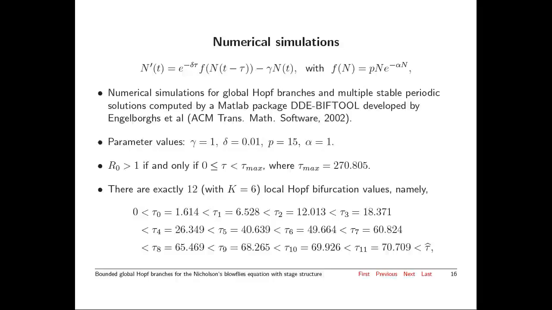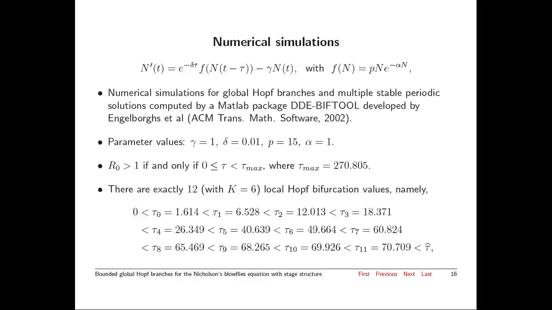Actually, we have 2 functions, also the function of the population of immature adults, but those 2 functions are decoupled, so we only need to analyze one equation to find the dynamics of the blowfly population. We calculate that the basic reproduction number is larger than 1. It means we find the upper boundary of tau max is equal to this value.